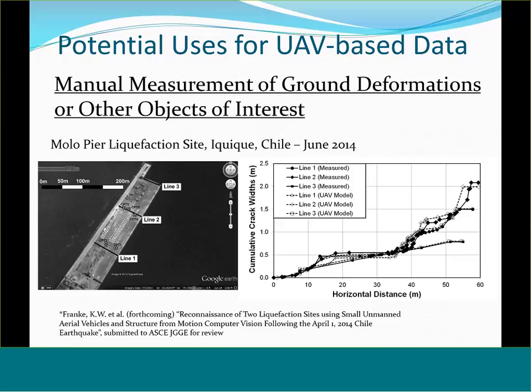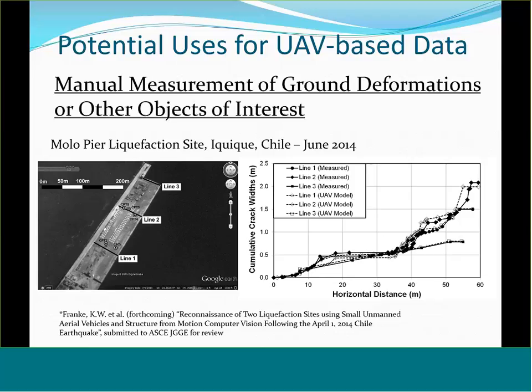And you can see on the right the comparisons between the measurements. The solid lines represent what we measured in the field while we were there, and then the dashed lines represent what the student measured from the virtual point cloud models. And you can see that we're really, really close to what we measured in the field.